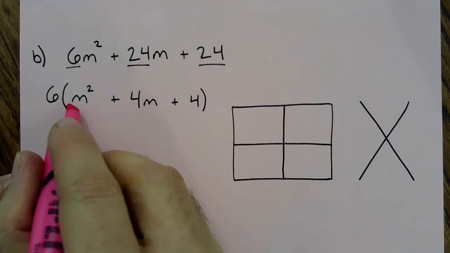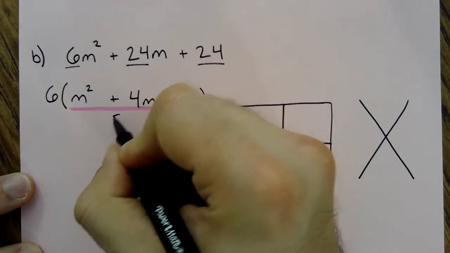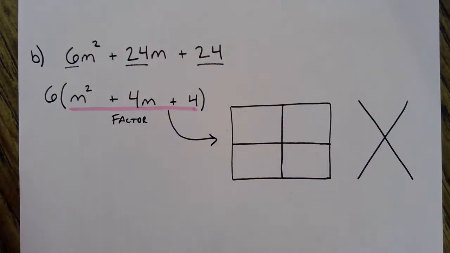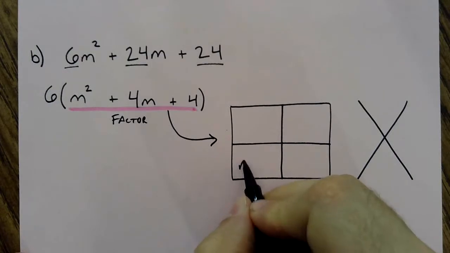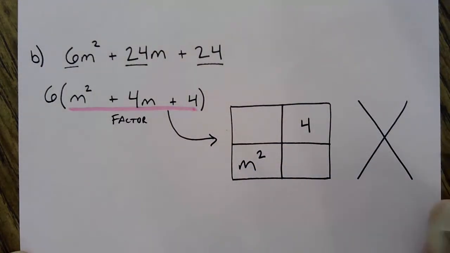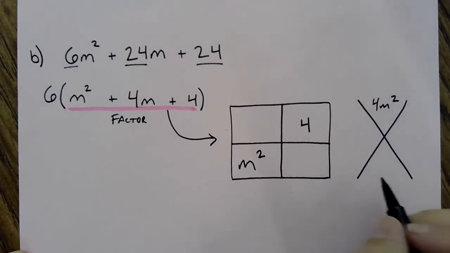We'll now take this quadratic in parentheses and factor using our rectangle. m squared and 4. m squared times 4 is 4m squared. Got to add to 4m.